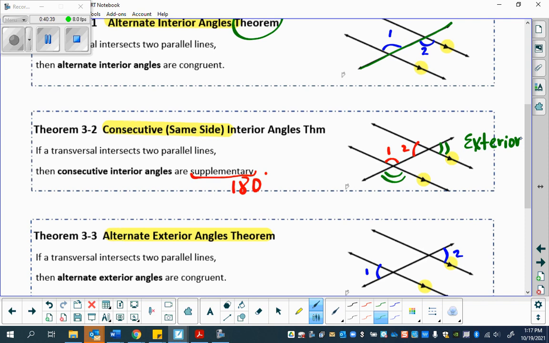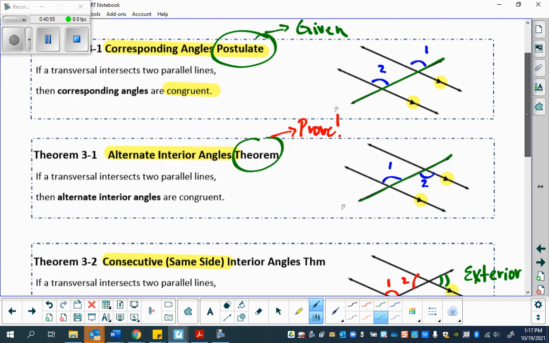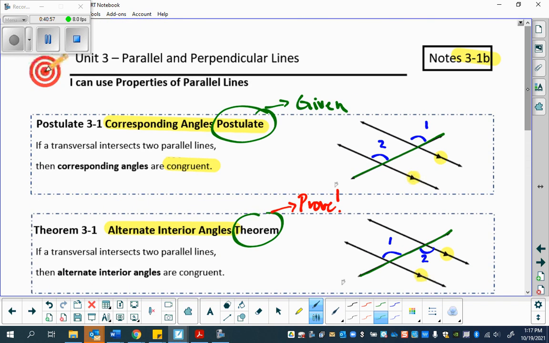What is this angle's relationship to the black? Vertical. What is the black's relationship to the red? Corresponding. So if black and red are corresponding, and Euclid says all corresponding angles, parallel lines, they're congruent.